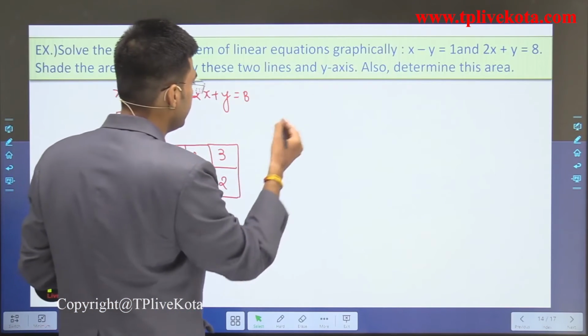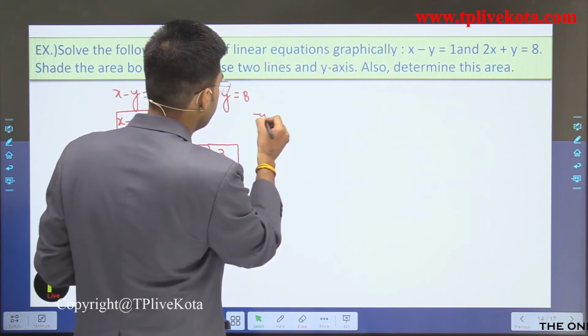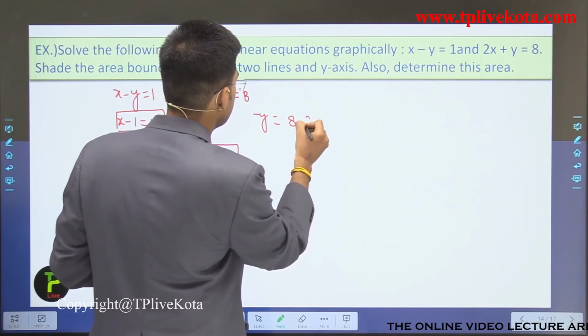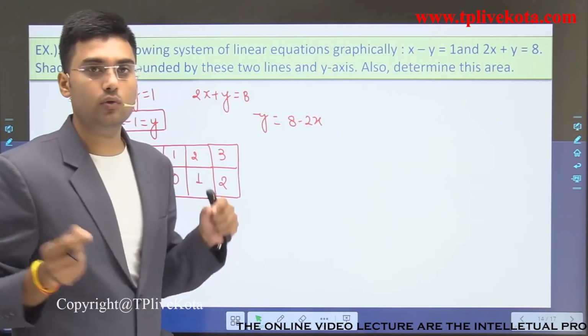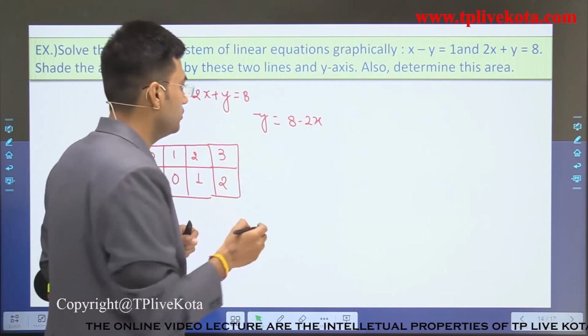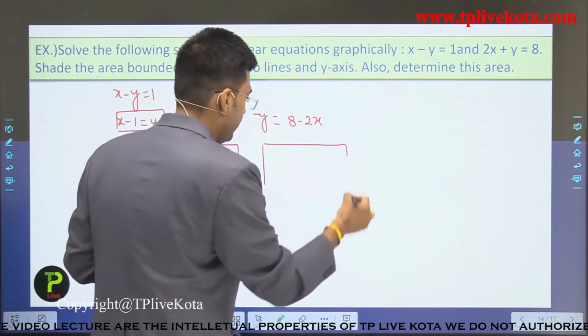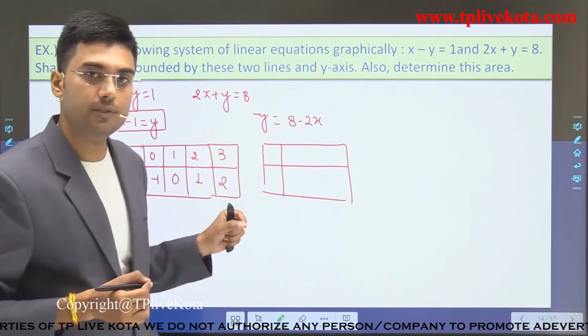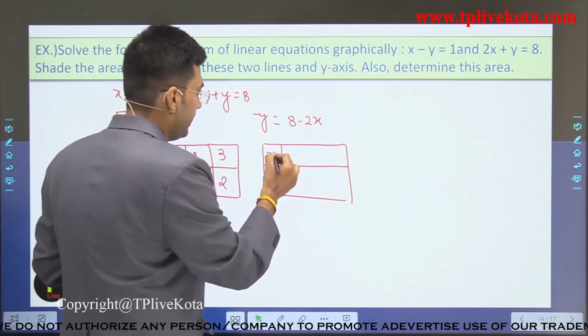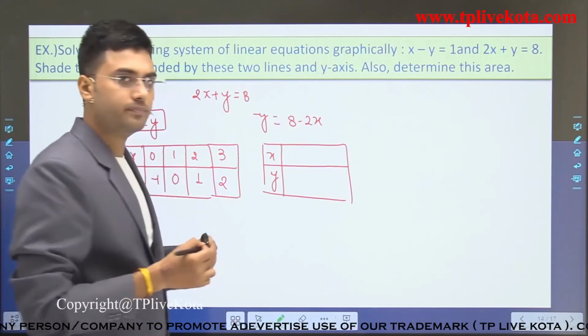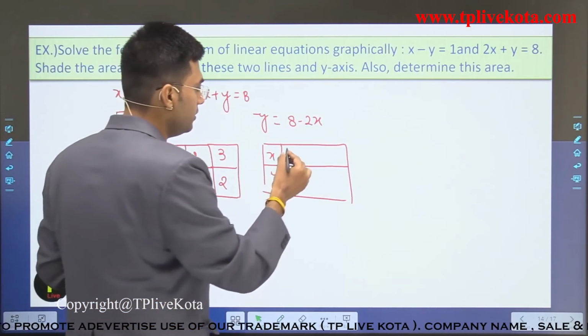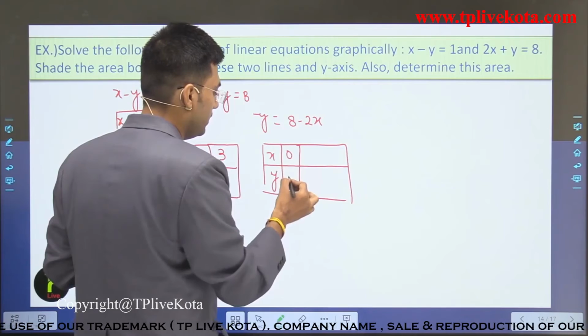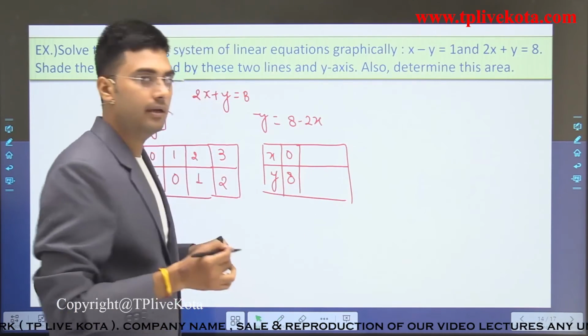And for the second equation, we can write y is equal to 8 minus 2x. So again, let's prepare the table for values of x and y for this equation. If we put x equal to 0, then the value of y is 8.